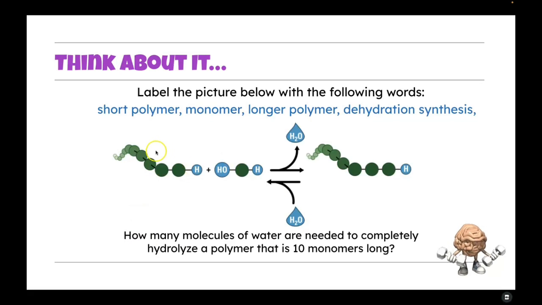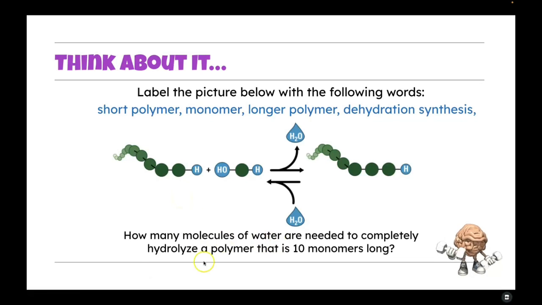You can see that you're going to combine two monomers to make a polymer. Synthesis means to create. So you're not lysing, you're not breaking anything, you're creating something. And dehydration means you're going to have water as a byproduct. You're removing water, right? So here you see your monomers combining to make a polymer.